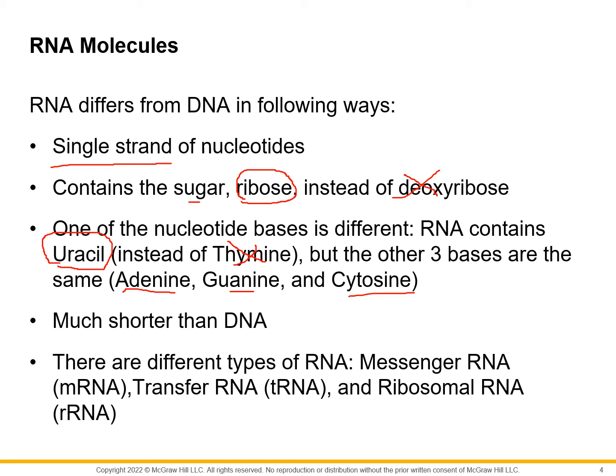All right. So when it goes in and makes a copy, anywhere that the DNA has an A, if we were looking at the other strand of DNA, it would have a T, but since there's no T on the RNA, when it makes a copy, it puts a U. So instead of T's, there's U, and that's the only difference in the base pairs. So remember, it has adenine, guanine, cytosine, and uracil.